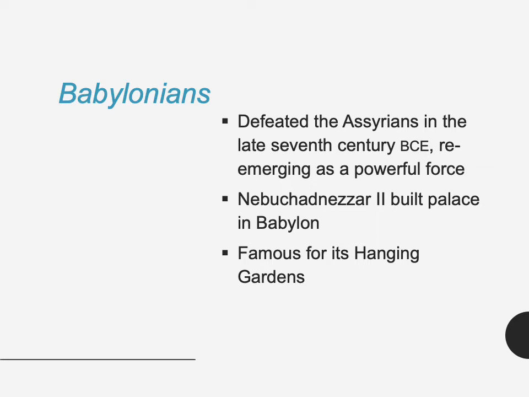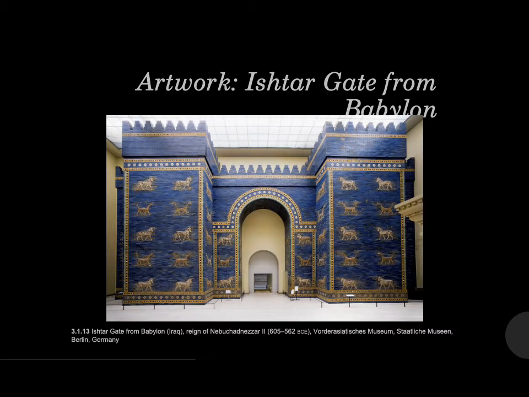Babylon was the next civilization that we see in Mesopotamia. We have a lot of stories even in the Bible about Babylon, and one of the very beautiful gates that they had was the Ishtar Gate. The Ishtar Gate of Babylon right now is in a museum in Germany.